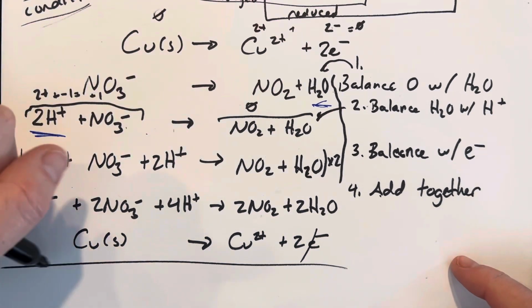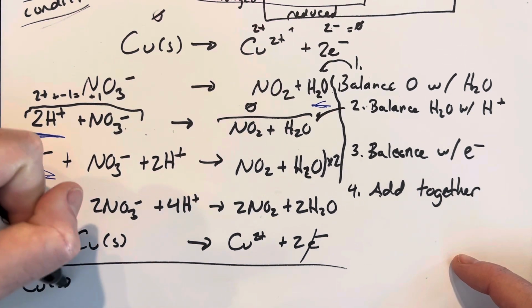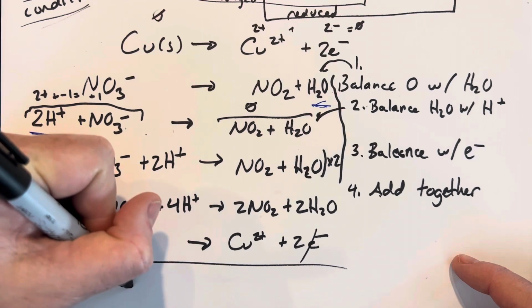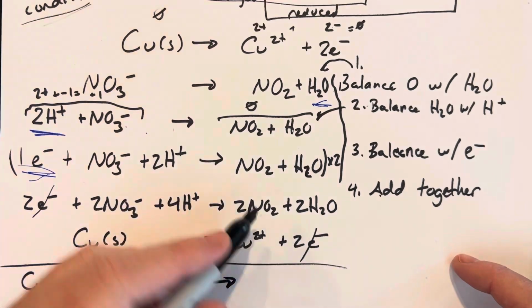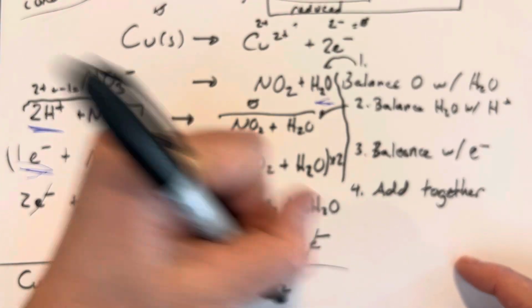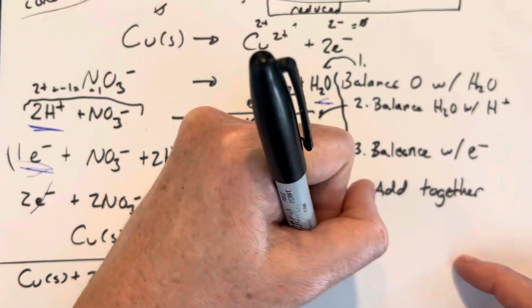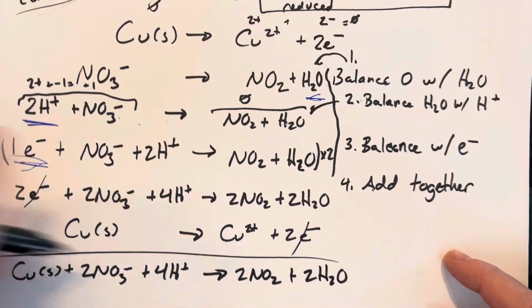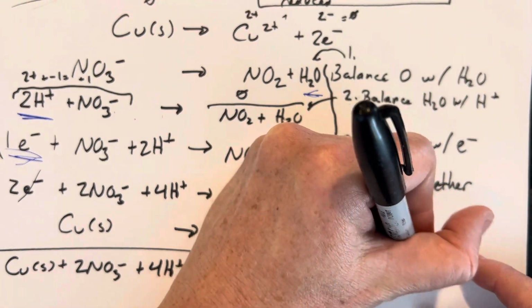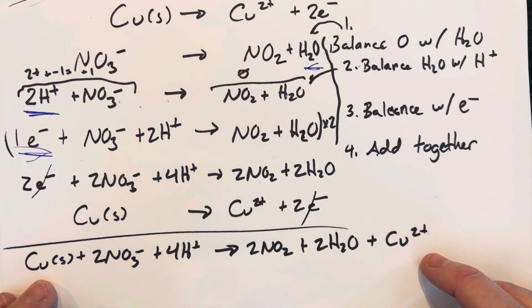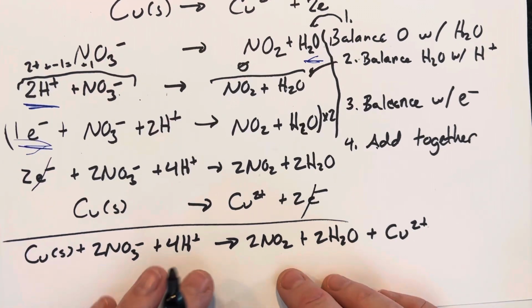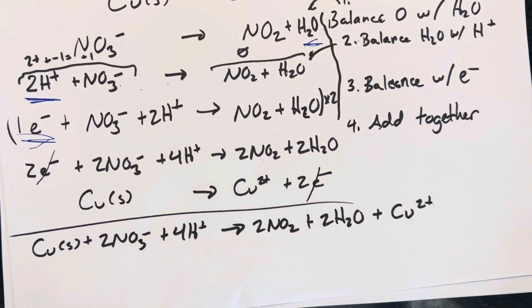And when we add them up, I have a copper plus 2 nitrates plus 4 H pluses to 2 NO2 plus 2 H2O plus Cu 2 plus. Cool. All right, and last but not least, we look to see if there's anything to cancel. I don't have waters on both sides, so I'm okay. I don't really have anything to cancel.